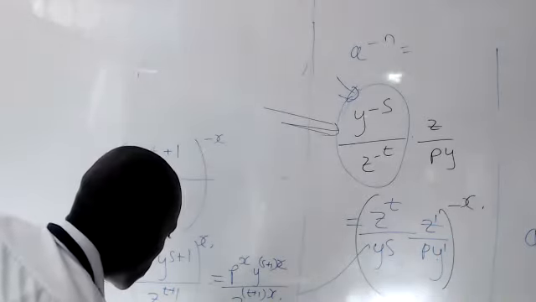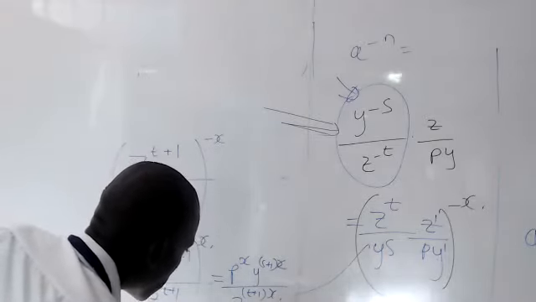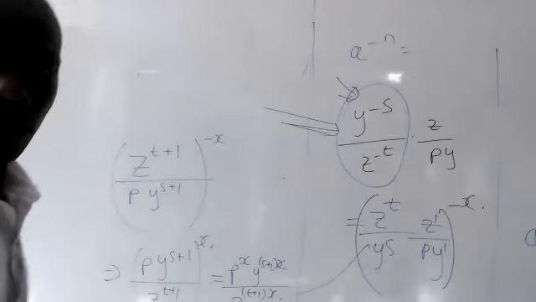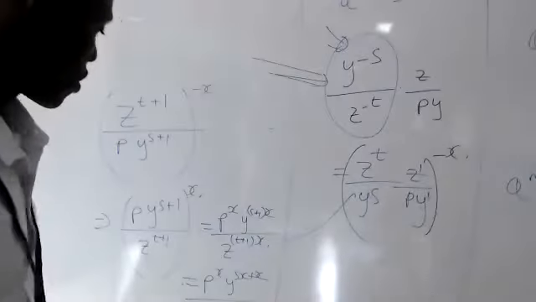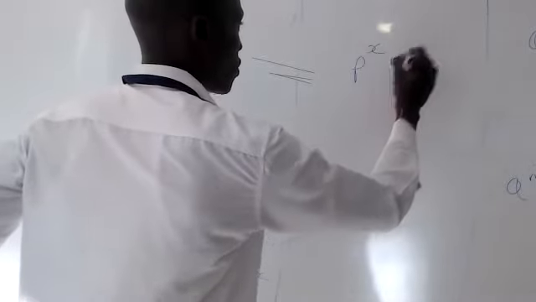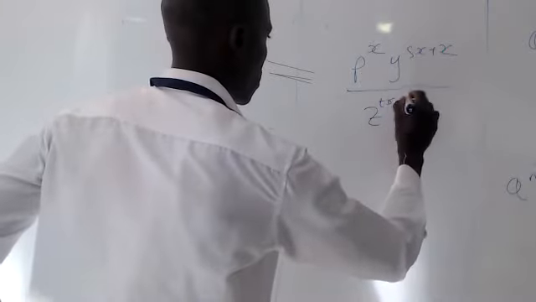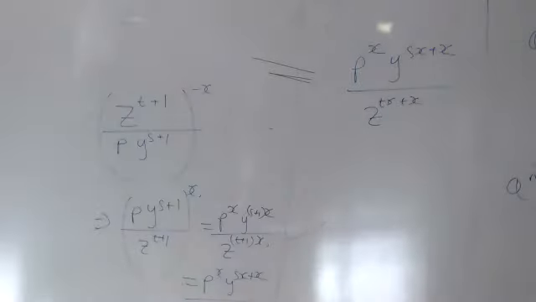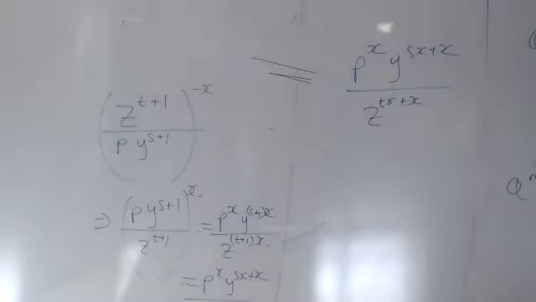It's okay to do this as p to the x, y to the sx plus x, divided by z to the tx plus x. Is that what you're referring to? Yes. Yeah, that's okay. Okay. Next question. Before we proceed, yes.